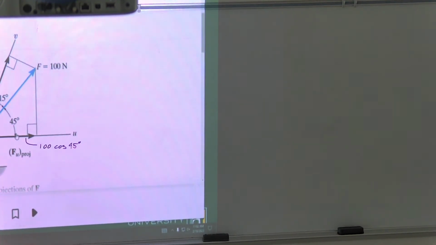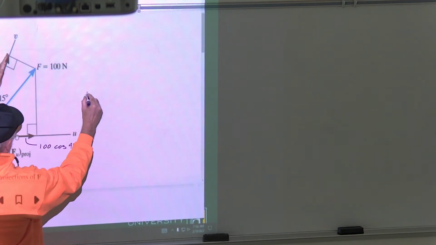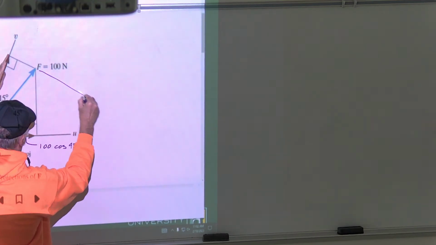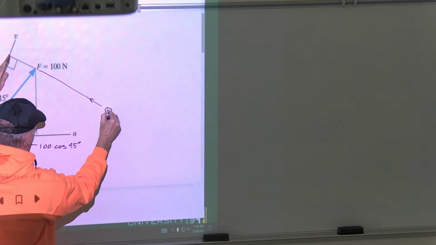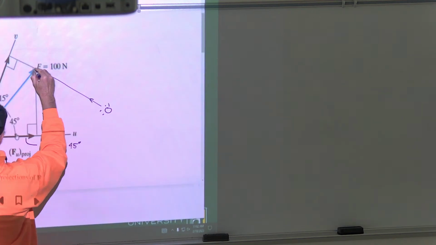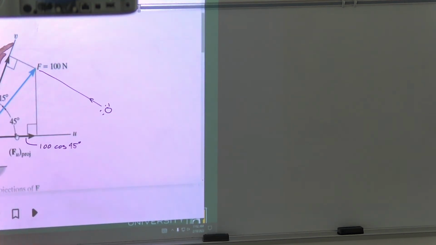And this one, since it's projected onto, notice he has this 90 degree, so it's like you took a light that sends rays down this direction, like a light bulb here. It sends rays down that and produces the shadow on this line right here. So this is nothing more than 100 times the cosine of 15 degrees, because that's the angle you projected through.